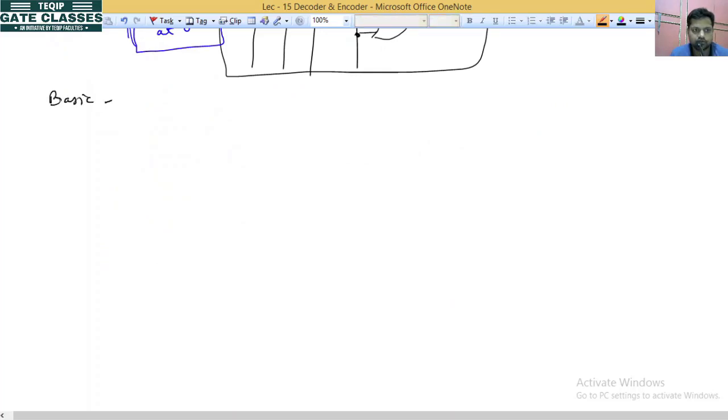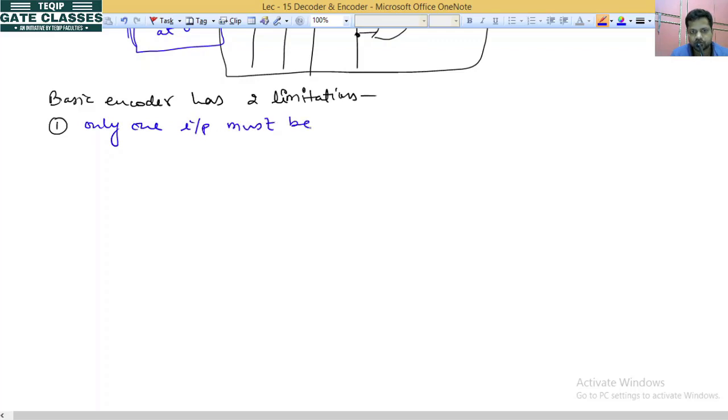The basic encoder has two limitations. What are those two limitations? The first limitation is that only one input must be at logic 1 and all others are at logic 0.